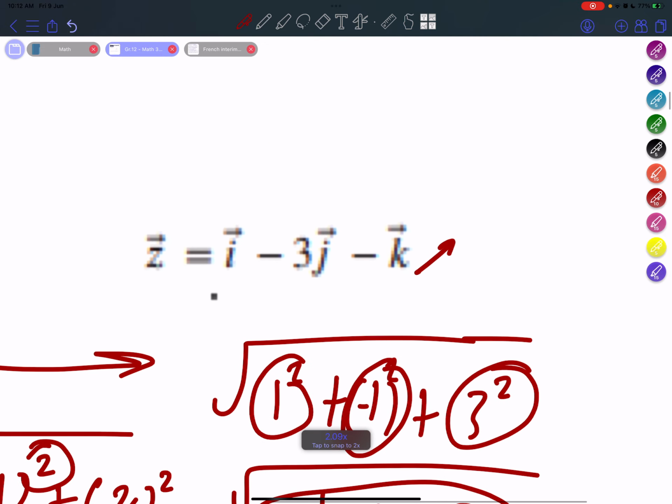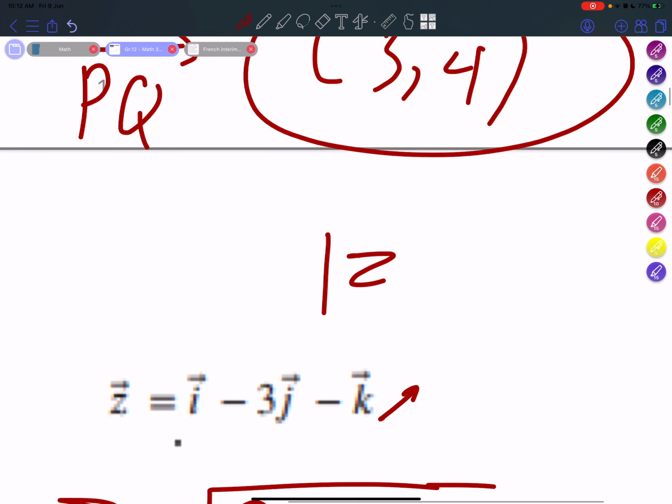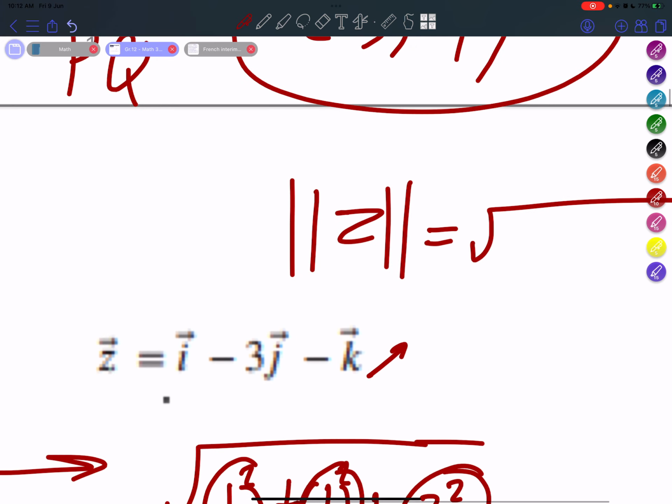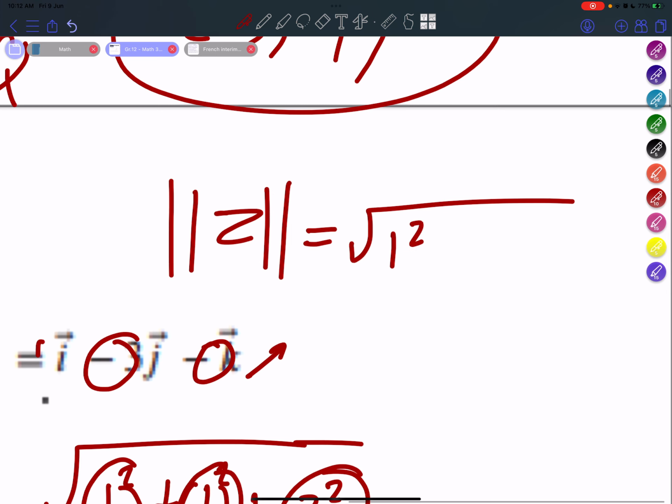Moving on to Z, we write it like this, 2 lines, equals the square root. We've got 1, negative 3, and negative 1, so 1 square plus negative 3 square plus negative 1 square.